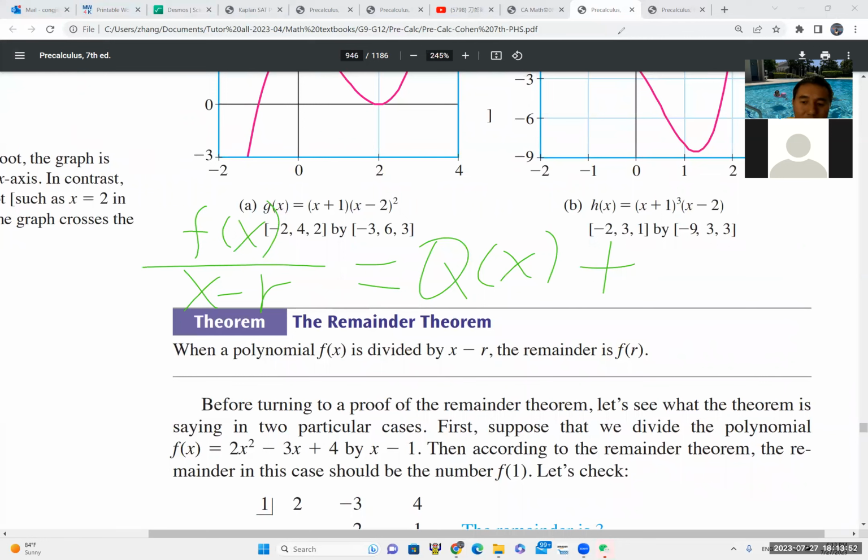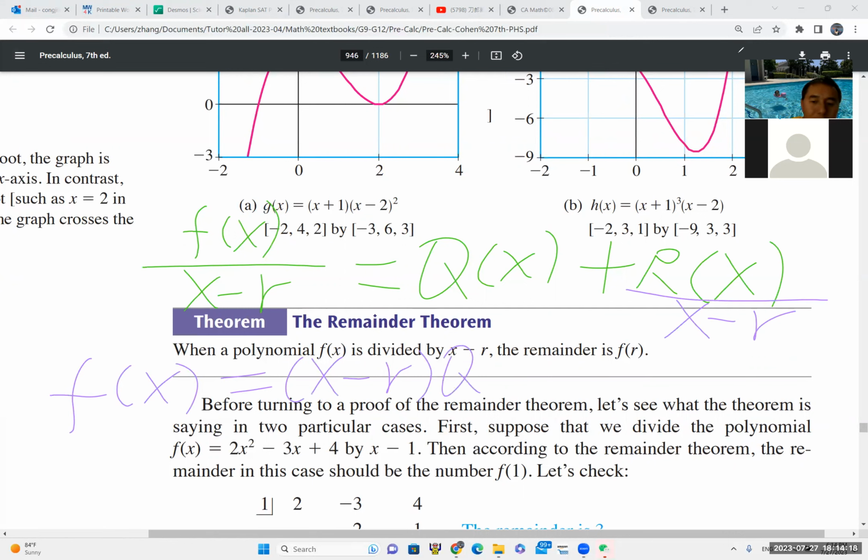Let me say remainder. Here we should write x minus r. Anyway, write it in another form: f of x equals x minus r times q of x plus the remainder.